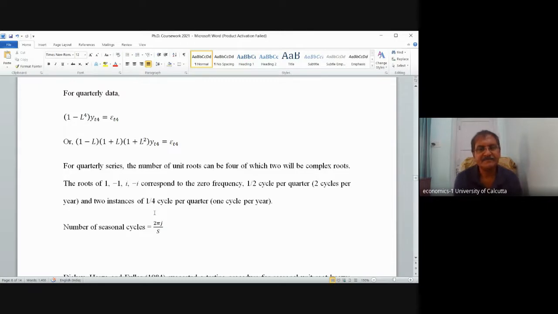And here, j is equal to 1 and 2. That is, j varies from 1 to s by 2. So it basically indicates theta. If you take cos theta or sin theta, you can get the frequency of the seasonal fluctuations in each case.